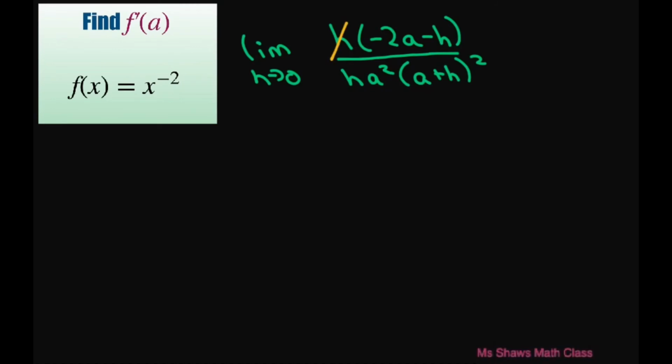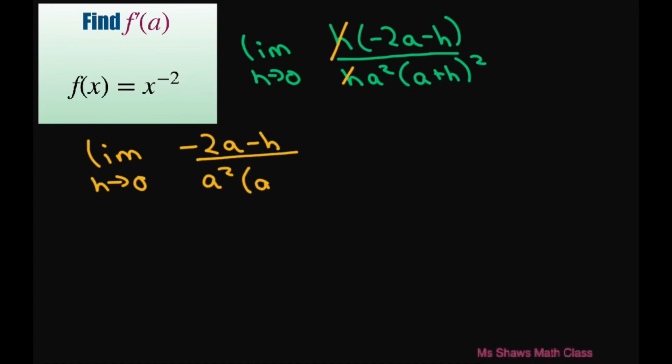So now our h's cancel and we can apply the limit. So let's look at the limit. As h approaches 0, we have negative 2a minus h, and then a squared times a plus h squared.